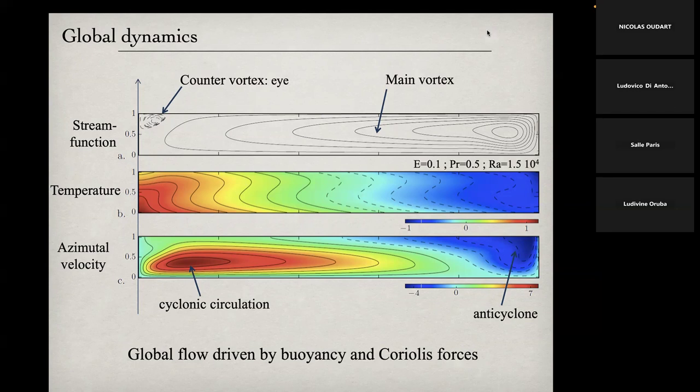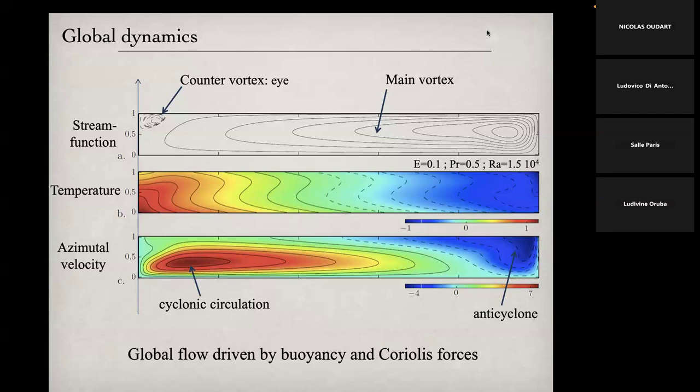Concerning the azimuthal velocity, the total angular momentum is advected towards the axis, which translates into an increase in the azimuthal velocity. And you can notice that it is surrounded by an anticyclone here, which is near the external edge and near the top.